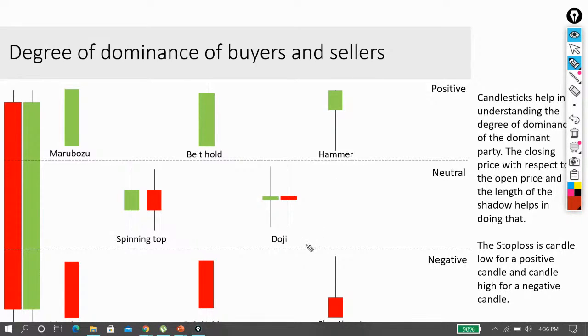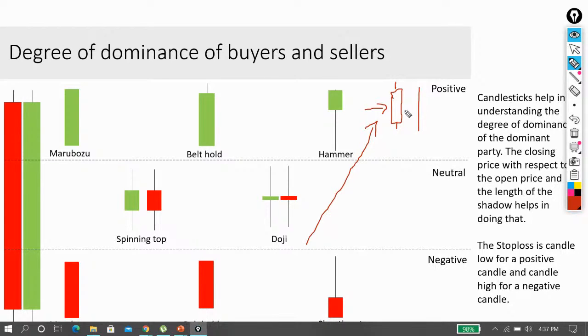Why is that? Let's try to understand. After a big up move, if we have some part of body, it still means that buyers might be dominant. Or if it is a red big body, we can say that, okay, sellers might be dominant. So this somehow makes it a bit clear.